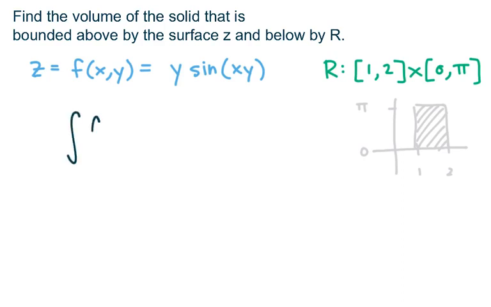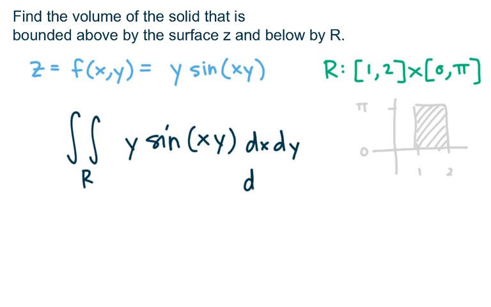I'm going to say the integral over R of y sine of x times y. That area, we can either write dx dy, or we can write dy dx. So we want to think about our integration first.